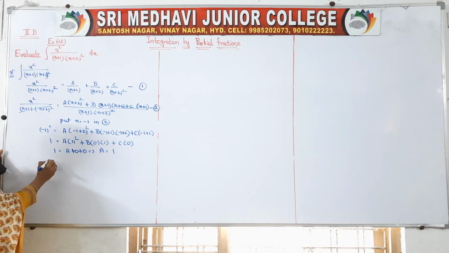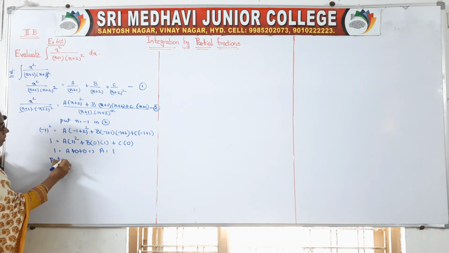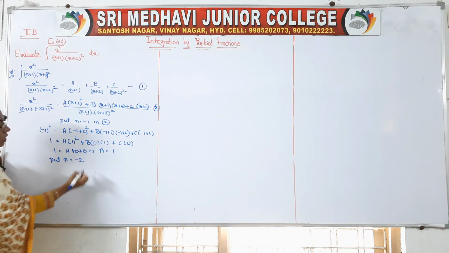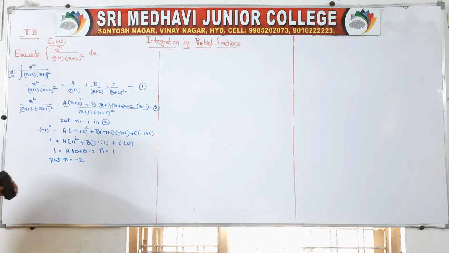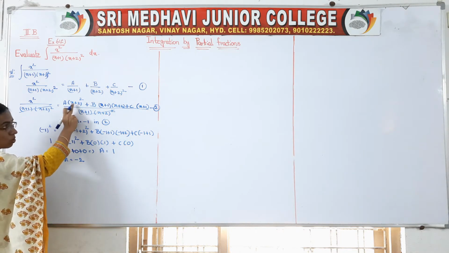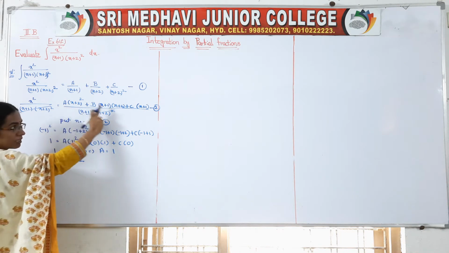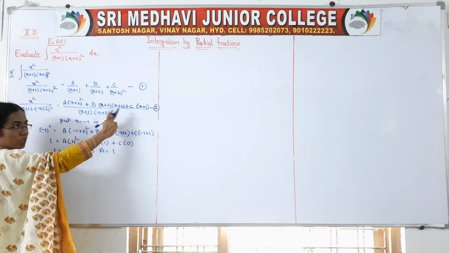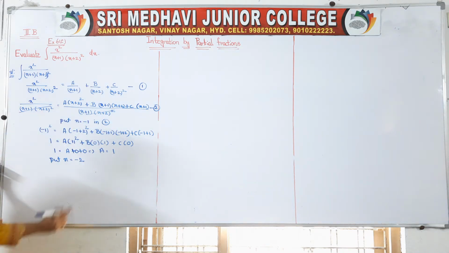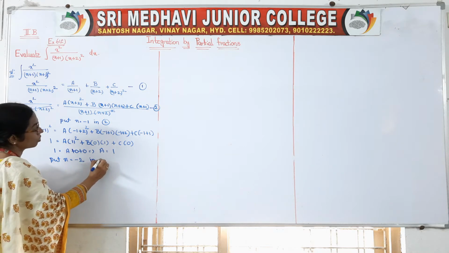Now put x is equal to minus 2. If you substitute x is equal to minus 2, then (x plus 2) becomes 0, so those terms get cancelled, and you will get your C value in equation 2.